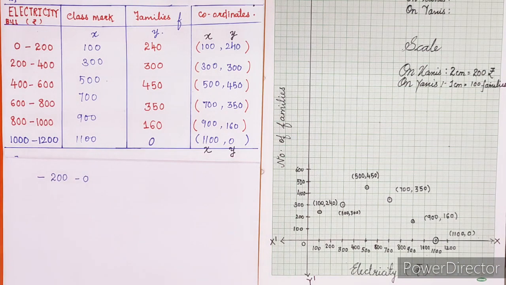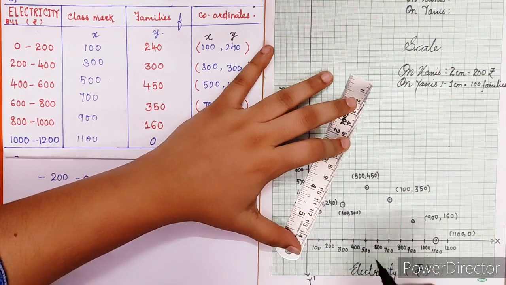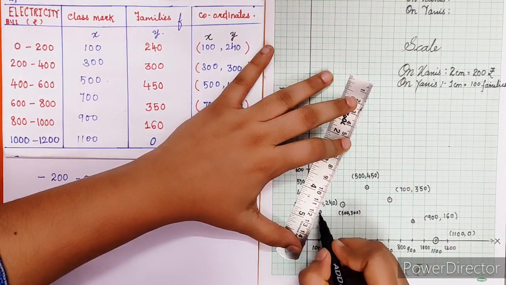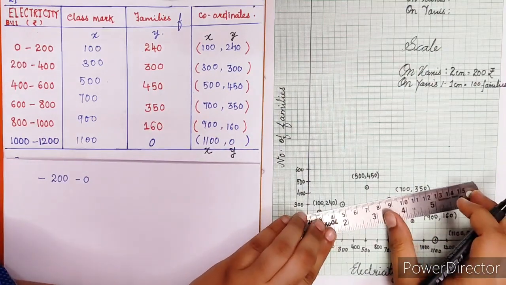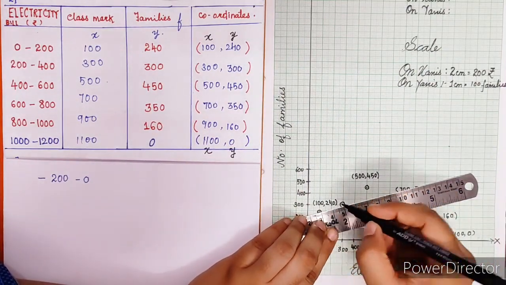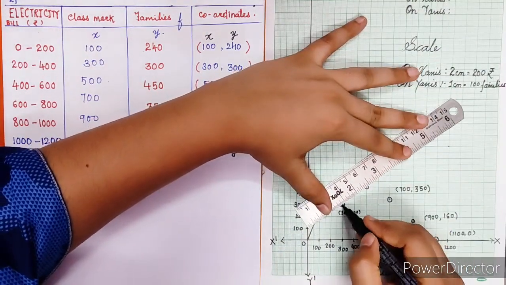Now what to do? We have to join all the points. We'll start from the origin. We'll start joining all the points. First point, then first point to the second, and so on.